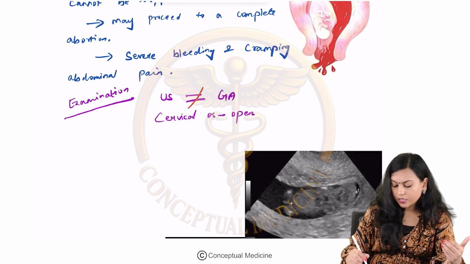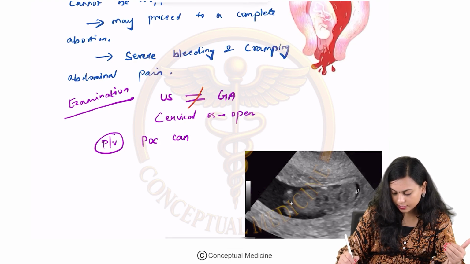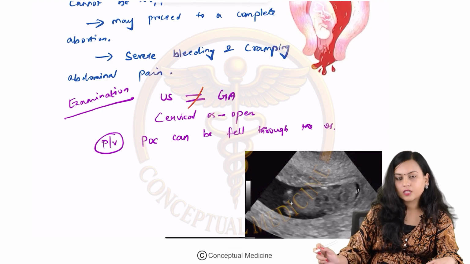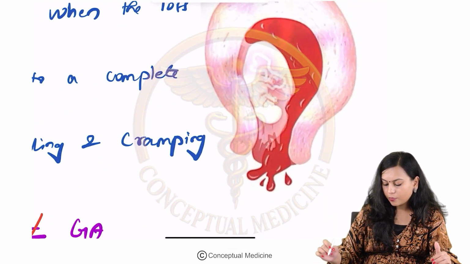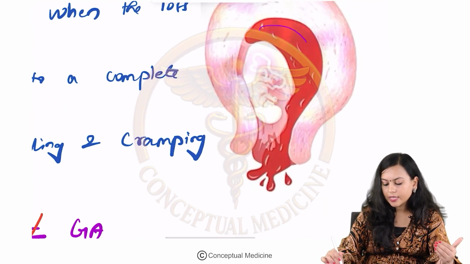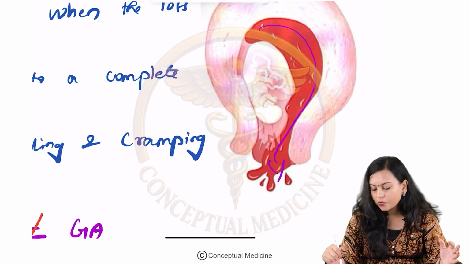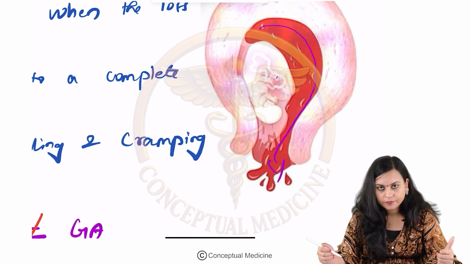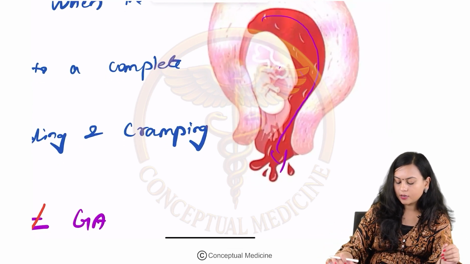Sometimes when you do a per vaginal examination, the products of conception can be felt through the os. Clear? So, this is a case of inevitable abortion. See, there is an excessive amount of bleeding passing through the cervical os, and the products of conception are also in the phase of expulsion, right? And there is nothing we can do about stopping this loss.